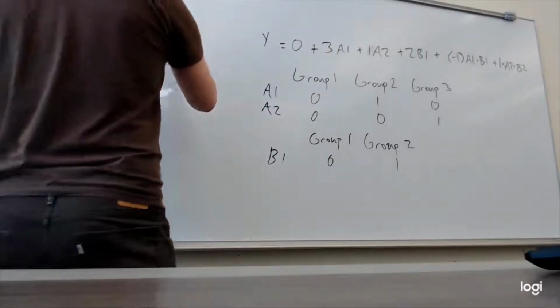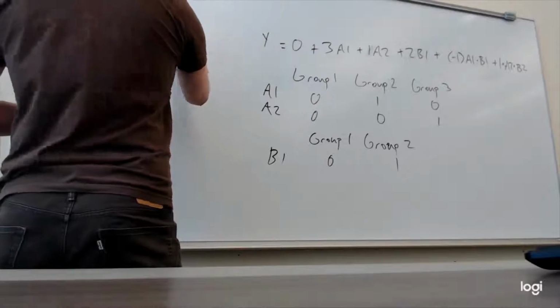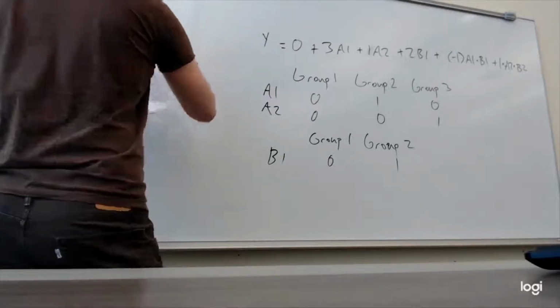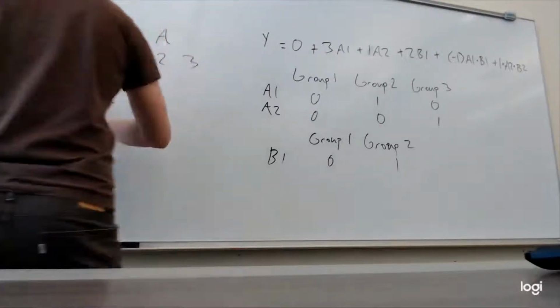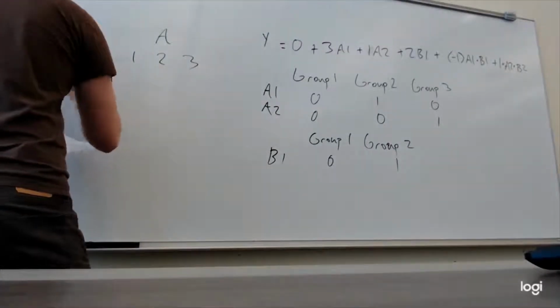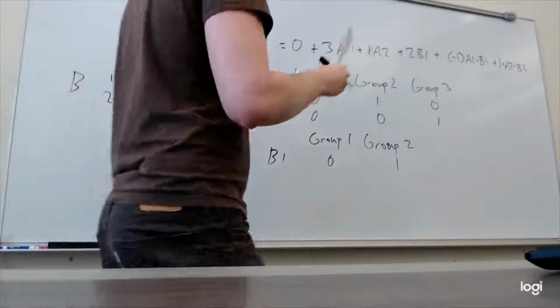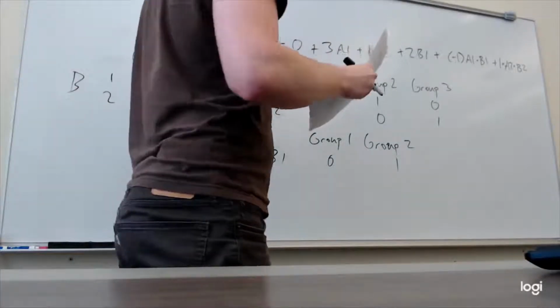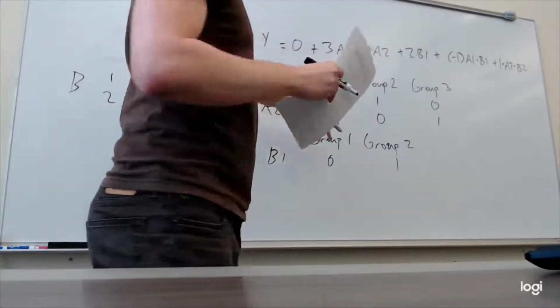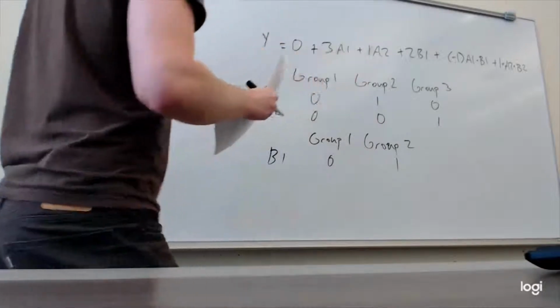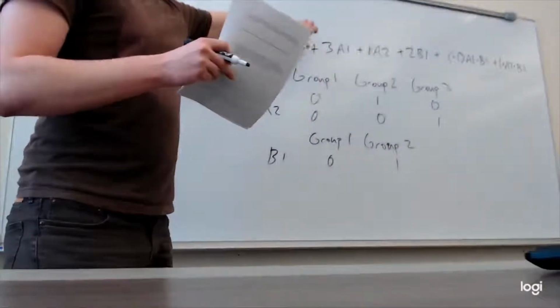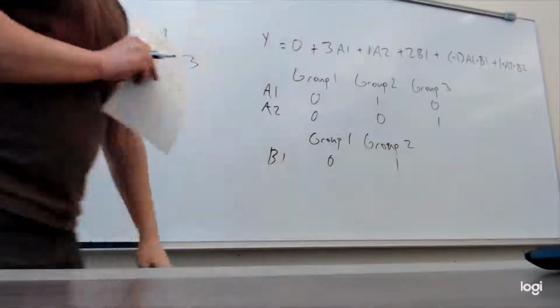Oh, did you just put it? Okay, yeah, you're right. Sorry about that. All right, so this is the intercept, and we just discussed how group 1 is the reference group in each case. So what mean does this intercept tell us?